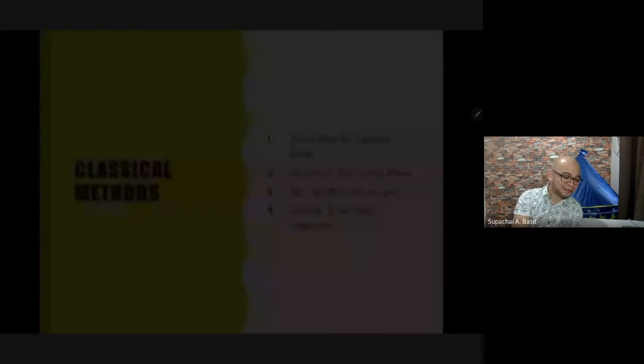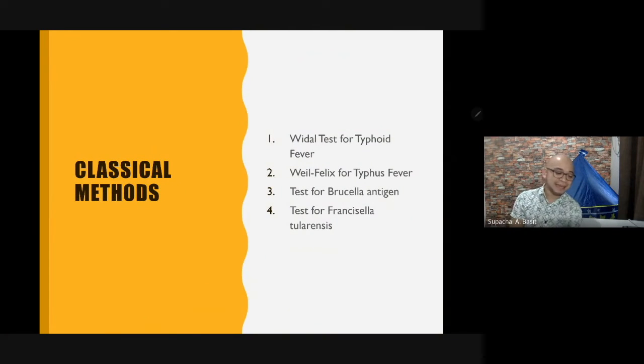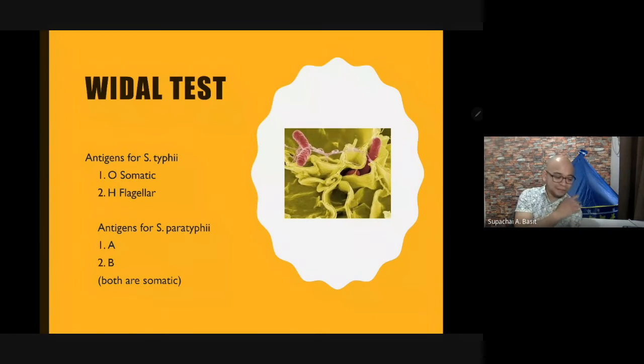Okay, so these are our examples of febrile agglutination tests. Widal test is a test for typhoid fever. Weil-Felix test is a test for typhus fever, which is caused by rickettsia. And then there is also a test for Brucella antigen and a test for Francisella tularensis. But for now, we will just be focusing on the Widal and Weil-Felix tests.